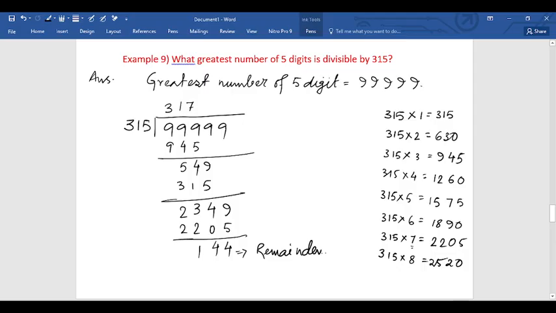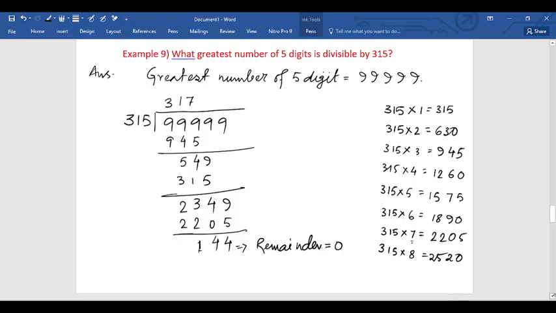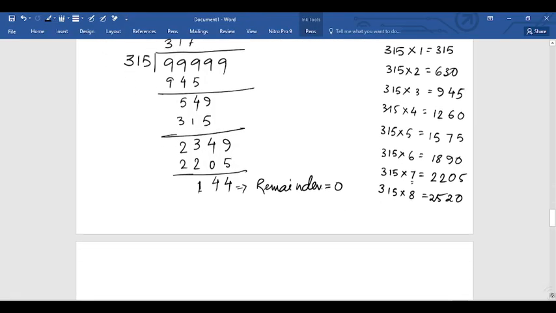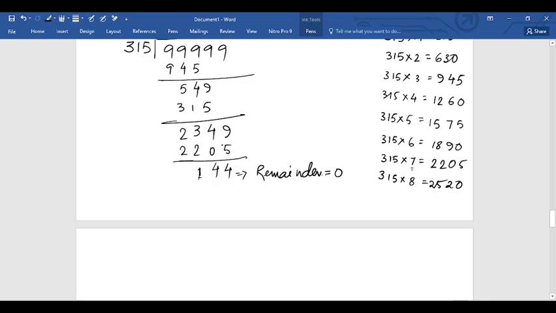Now to make the remainder 0, we have to remove this 144 from the main number, and if we get remainder 0, that means that number is exactly divisible by 315. That means we have to remove this 144 from the 5-digit greatest number, which will then be exactly divisible by 315.